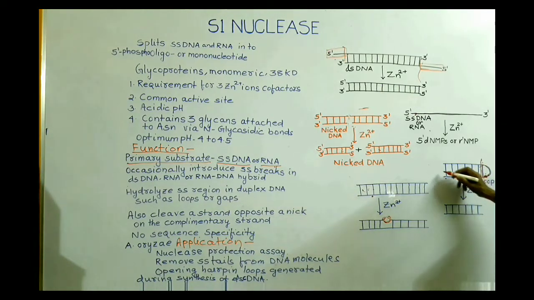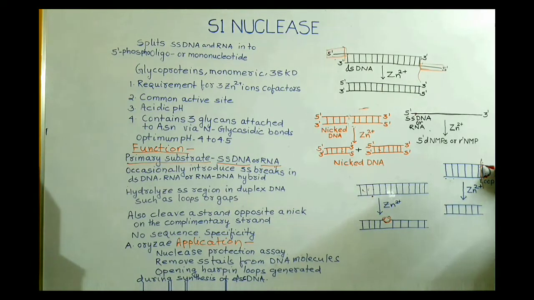In this structure, this is the loop. Such single-stranded regions are also cleaved by the enzyme S1 nuclease. For S1 nuclease, there is no need of sequence specificity. It does not require any specific sequence to act.